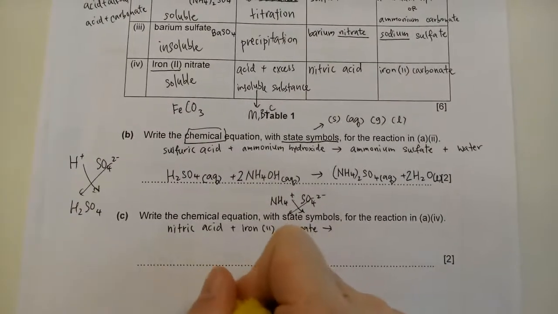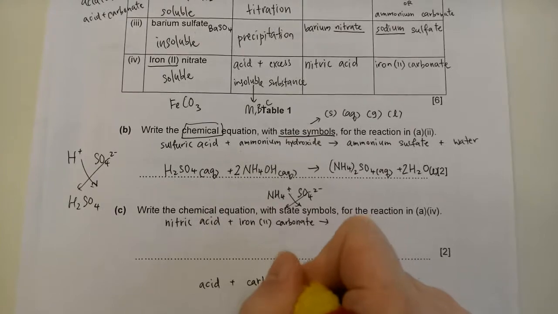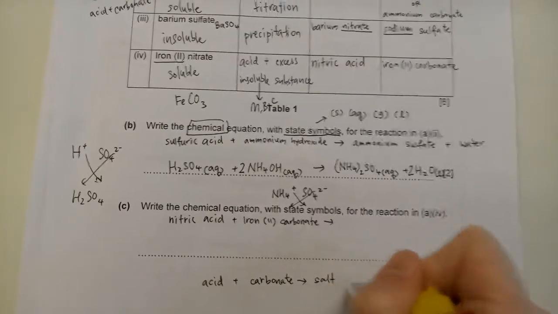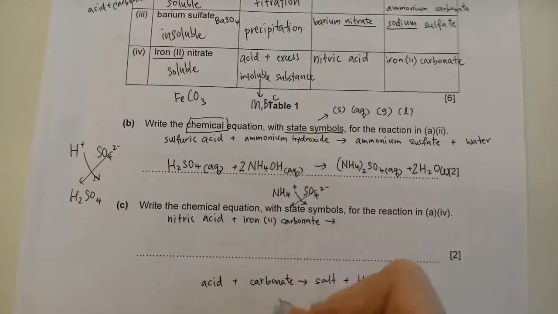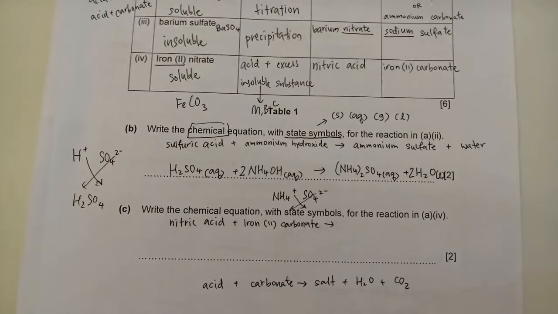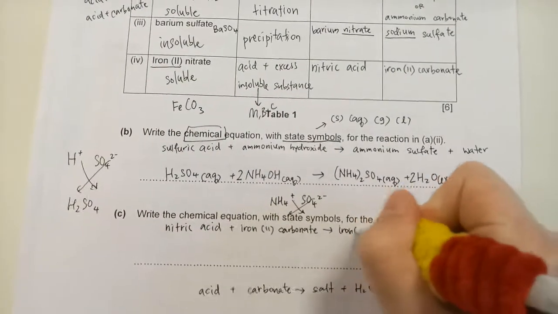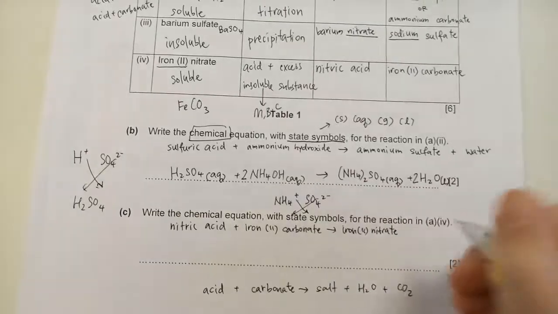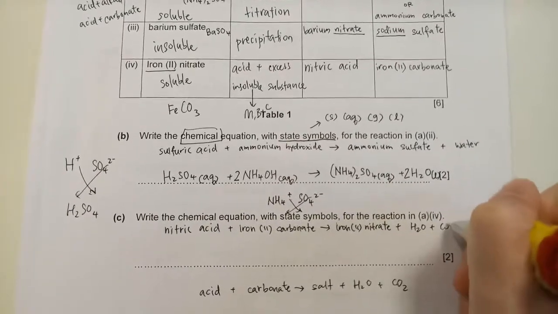This is my acid plus my metal carbonate. So I should get a salt, water, and because there's carbonate, I should get carbon dioxide as well. Okay, so the salt that I'm forming is iron 2 nitrate plus water plus carbon dioxide.